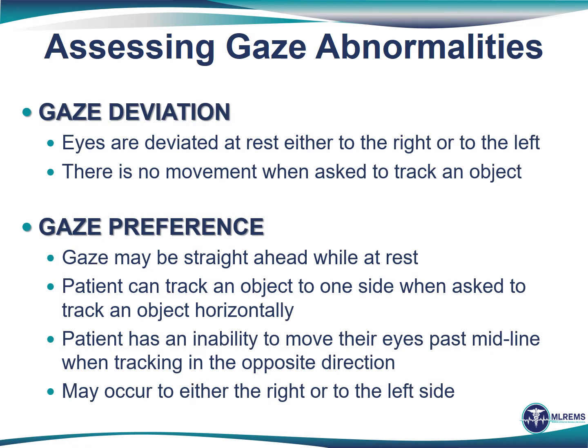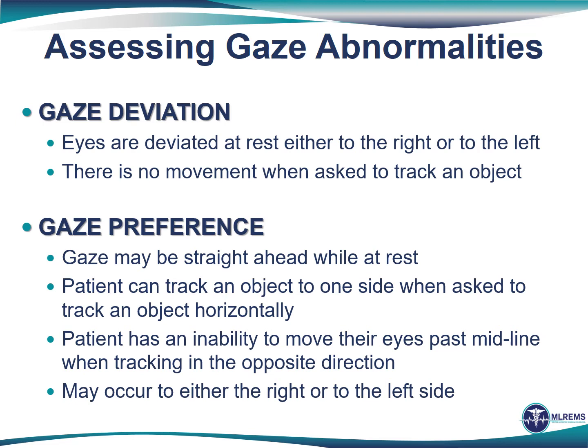So when assessing a gaze abnormality, we're looking for one of two things. The first is we're looking for evidence of gaze deviation, and that's where the eyes are deviated at rest to either the patient's right or their left, and the patient has no movement of those eyes when they're asked to track an object.